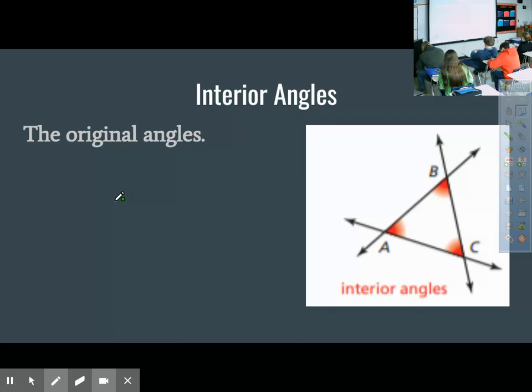So the interior are the original angles. And then over there with your colored pencil or marker or colored pen, I need you to color in the 3 interior angles of that top triangle. Mine looks a tad bit different than yours, but here's angle A, angle B, and angle C. You color in the inside 3 angles. Those are the interior angles.